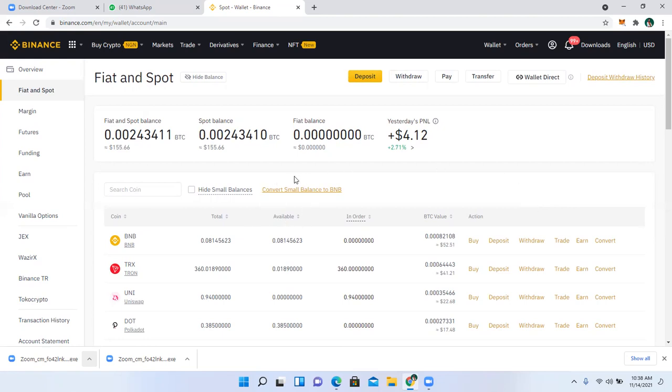So this spot wallet has some really amazing features. For instance, this is the general balance, right? I don't have any fiat balance because Naira is pretty messed up right now. So I don't have any fiat balance, but I have my spot balance. You can see this hide small balances option. If I click on hide small balances, every little coin I have will disappear.